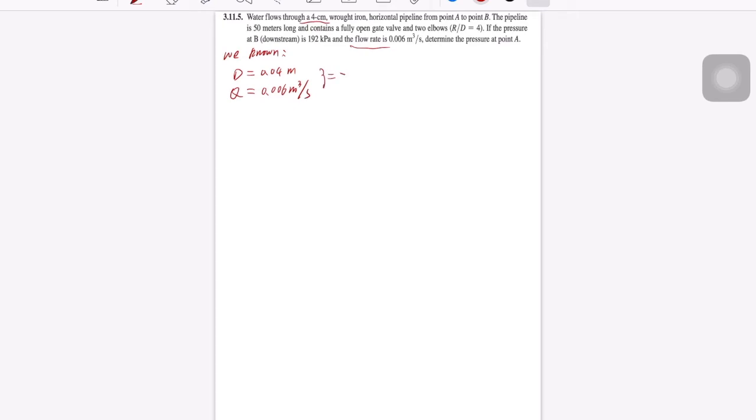So we can get that velocity equals Q divided by pi times D squared divided by 4. So this value is 4.77 meter per second. And we know the length of this pipe equals 15 meter. And the pressure at B equals 192 kilopascal.